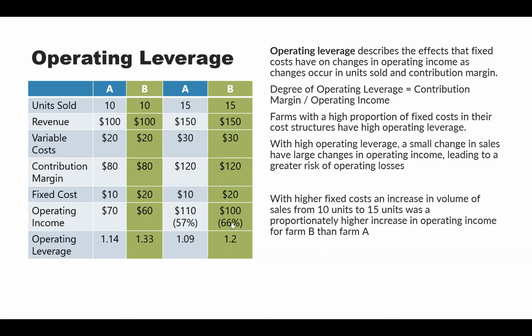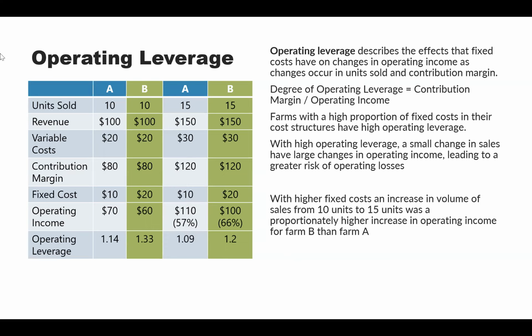So you can see that the percentage increase in income is higher for B with this increase in sales compared to farm A, because as they sell more, the effect of having that higher fixed cost matters less.